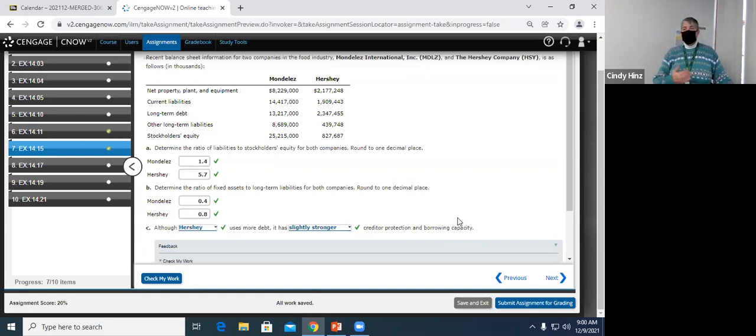Even if you're not preparing them, you need to know how to use them. And so I like this chapter as the wrap-up chapter, because it helps you to see how all that stuff we've been doing can be used by an actual individual to analyze a company.